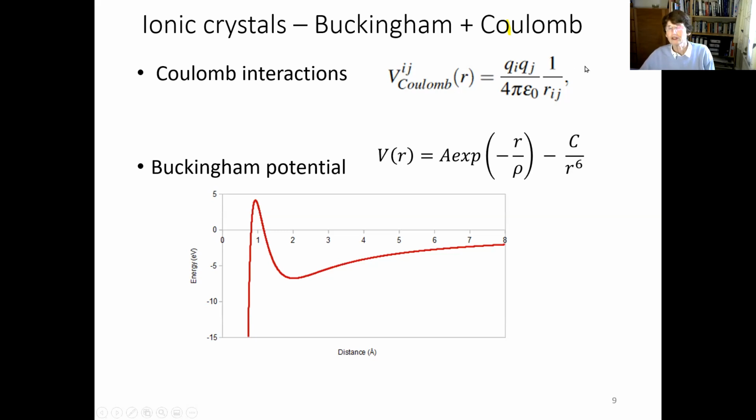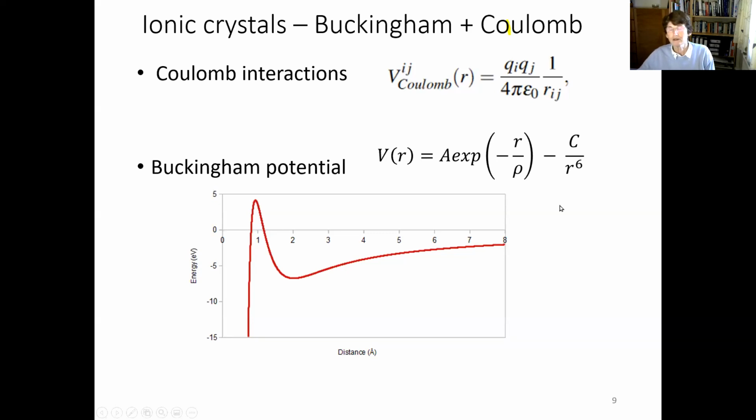But of course, if these get very close together, you need other terms. We also need to encapsulate the dipole-dipole interaction, and we do this in the same way as for the Lennard-Jones potential, with r^-6. But instead of the r^-12 function that we use for the Lennard-Jones potential, for the Buckingham potential we use an exponential repulsion.